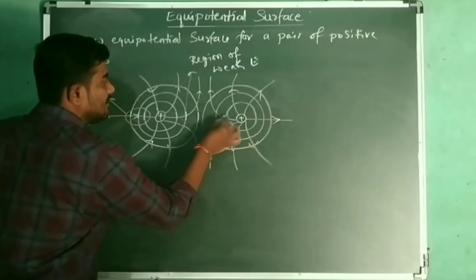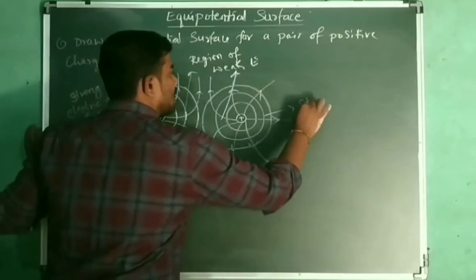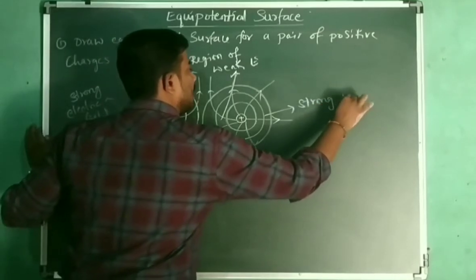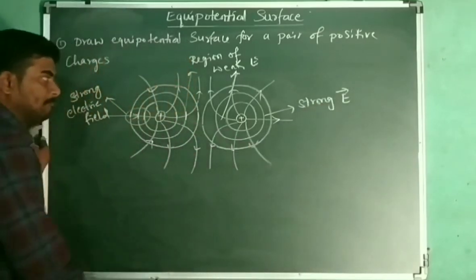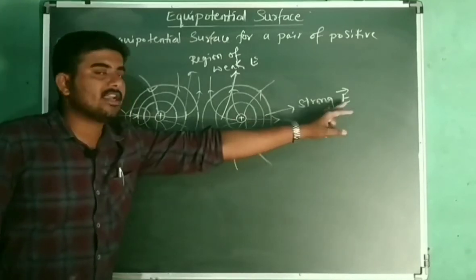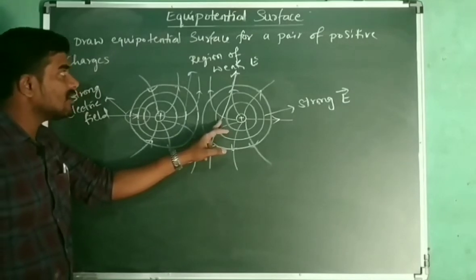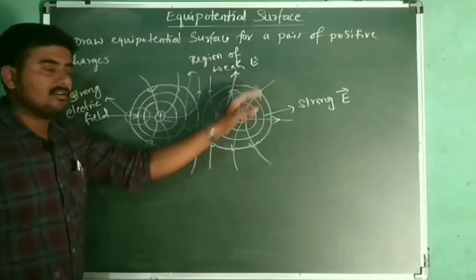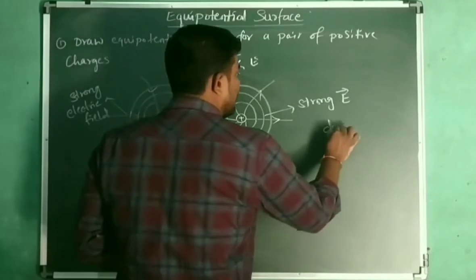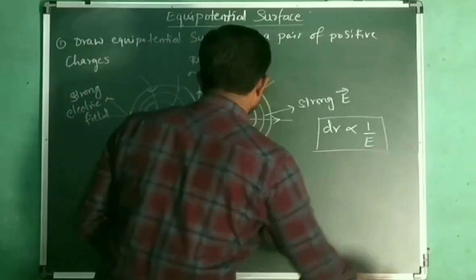Similarly, this is weak electric field region and this is strong electric field region. As we know, the equipotentials are very close to each other for a stronger electric field and farther apart for weaker electric field. As we know, dr is inversely proportional to E, and the reason is very simple.